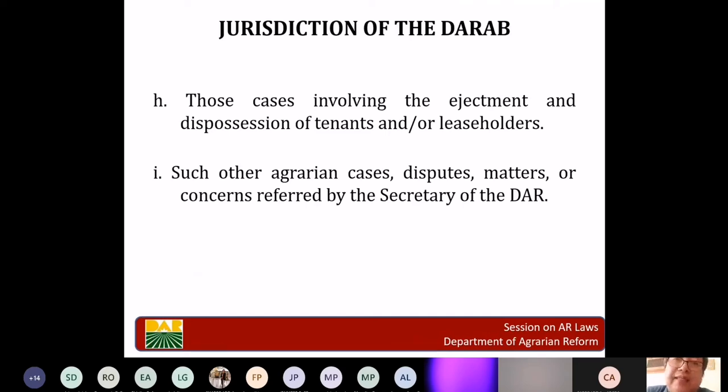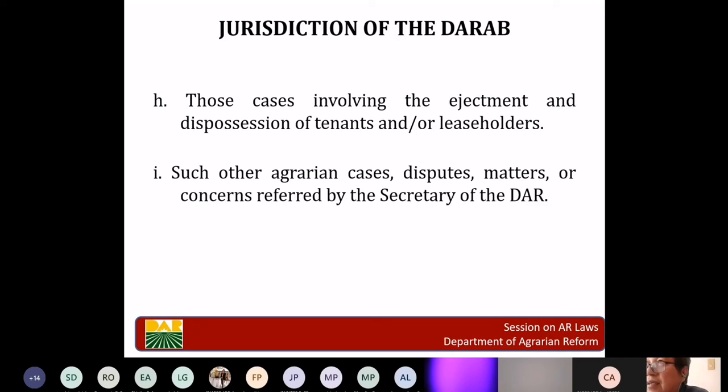And those cases involving the ejectment and dispossession of tenants and leaseholders. So there are many grounds available for the landowner on how to eject tenants. Common is the non-payment of lease rentals, then abandonment, then subleasing, waiver of rights, failure to comply with the tenant's obligation under 6657, under 3844 as amended.